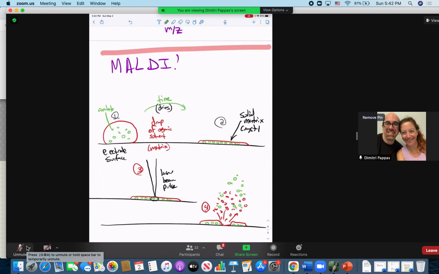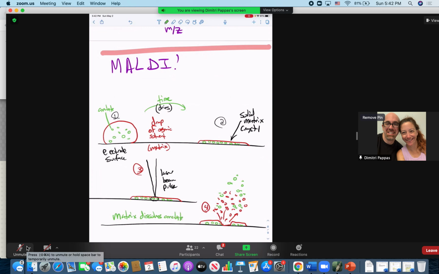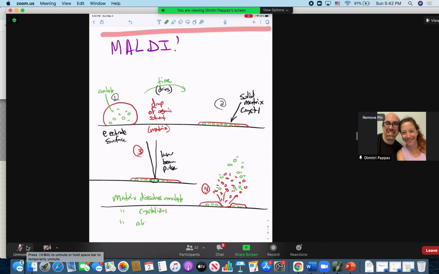So the whole point of the matrix is to absorb. The matrix dissolves the analyte. The matrix crystallizes. And then the matrix absorbs laser and explodes.